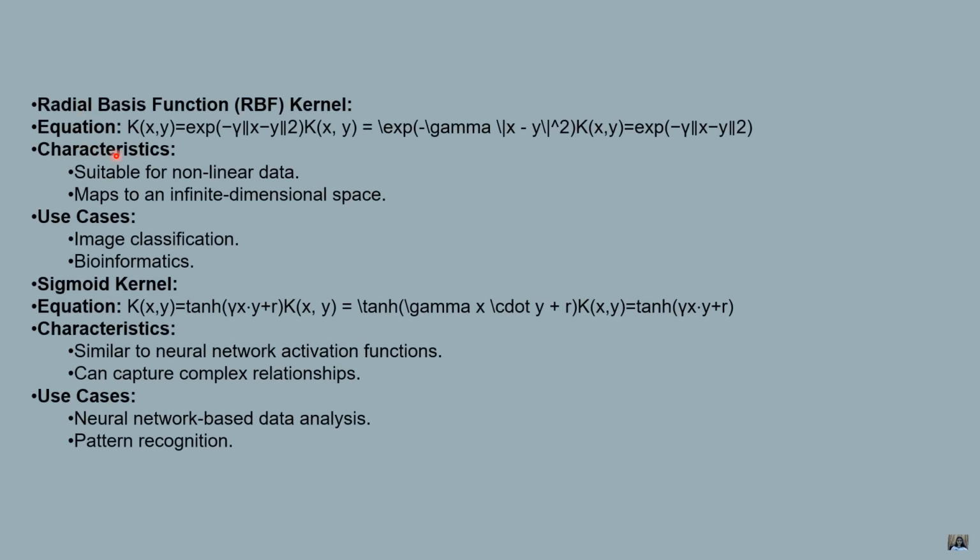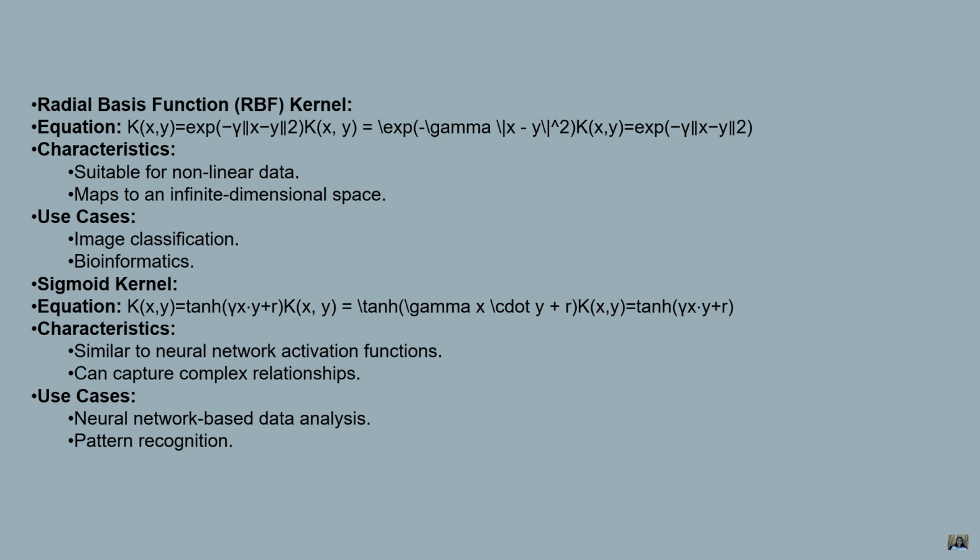Next comes the radial basis function kernel. Here you can see the equation of this kernel. The characteristics are that it is suitable for nonlinear data, mapped to an infinite dimensional space. The use cases are image classification and bioinformatics. Next, moving on to the sigmoid kernel. Here you can see the equation of the sigmoid kernel.